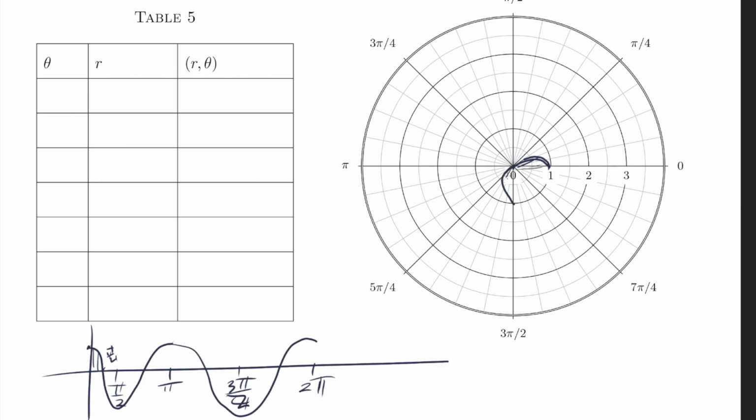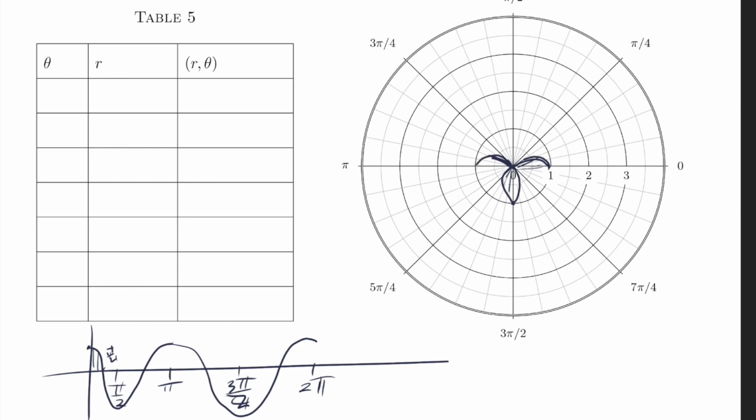Now I'm going negative as I go along this, and these values are going to slowly become positive until I hit pi over 4. So right here, I'm going to have positive values until I hit pi, where I'll be at 1 again.